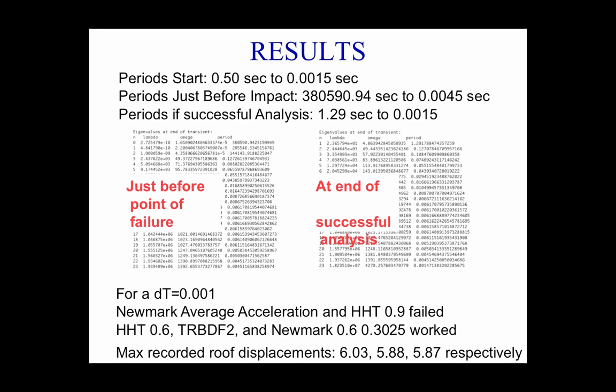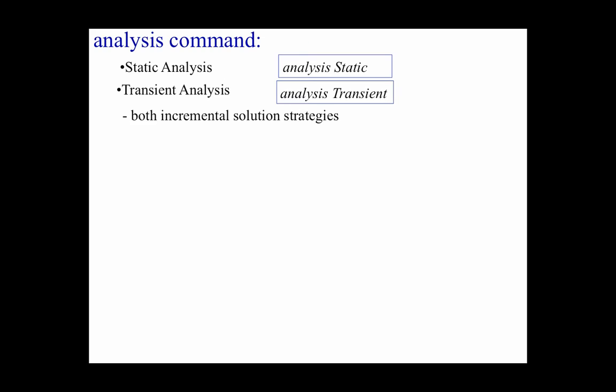And as you see, all the methods gave similar maximum displacements. So this is kind of like similar to contact. If you've got a problem with contact, you might have to start looking at these energy dissipation. The other option for energy dissipation is Rayleigh damping. You can look at that as well. But the Rayleigh damping wasn't working in this model either.